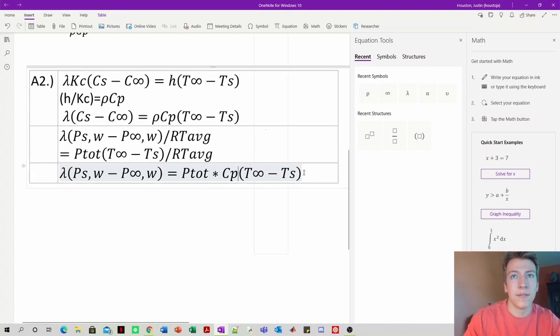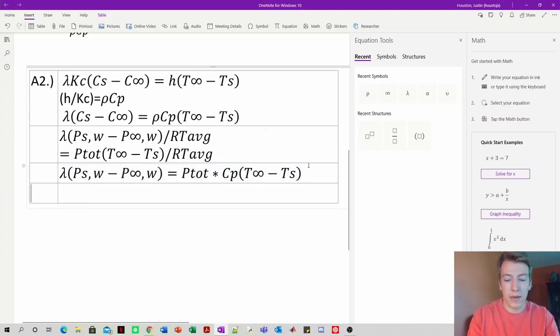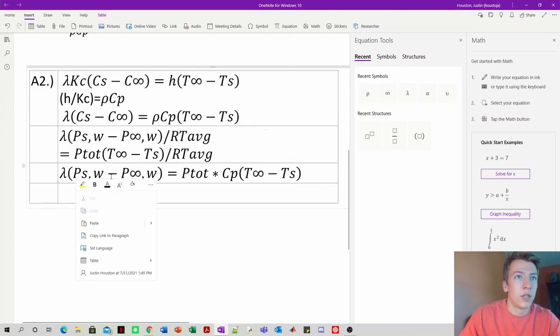So that gives us that, and this is going to allow us to know, and I'll explain this more in part A3, how to solve for the relative humidity, which we can get now as well.